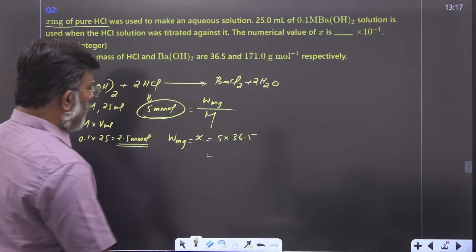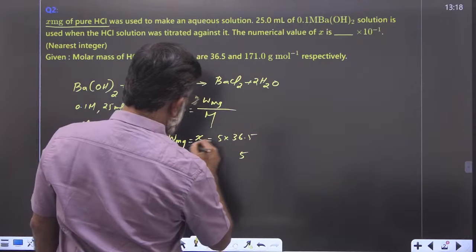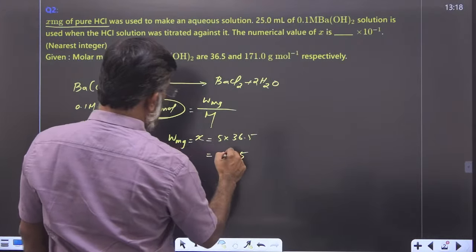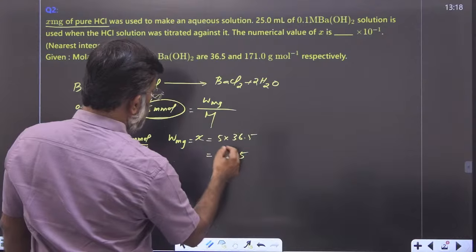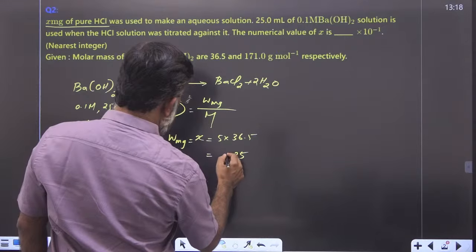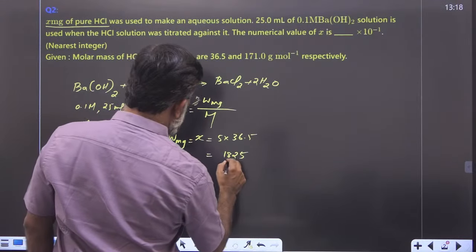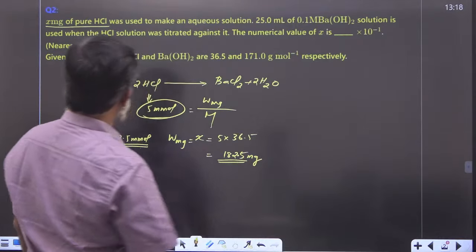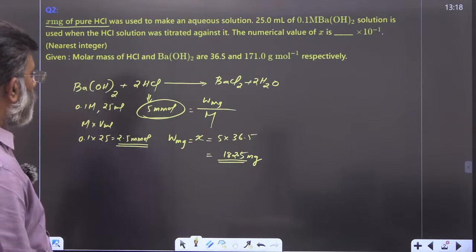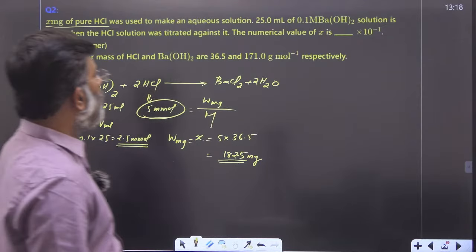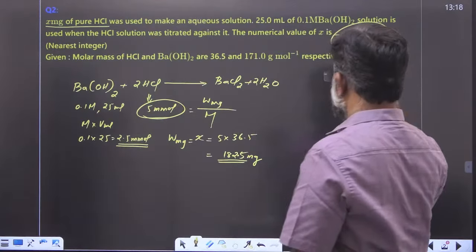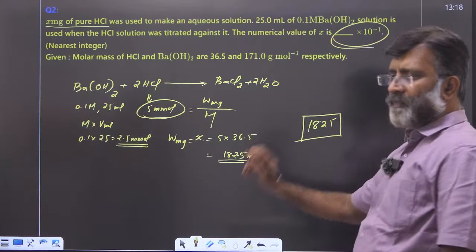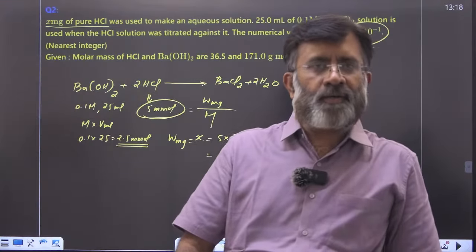So, what will be the answer? 182.5 ശരിയല്ലേ? 182.5 അതാണ് എക്സ്. നമുക്ക് എക്സ് റിപ്പോർട്ട് ചെയ്യേണ്ടത് into 10⁻¹, so it is 1825 is the answer. 1825 എന്ന് കിട്ടും.